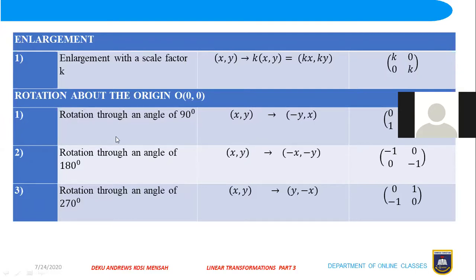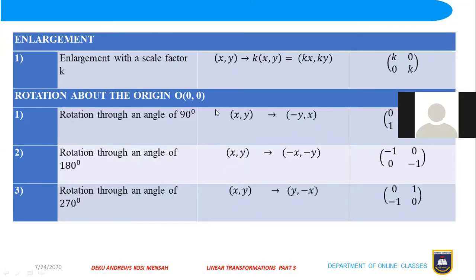We go to rotation. Very interesting aspect of the transformation. Now, rotation through an angle of 90 degrees. You know, if you are sitting in a chair, you can turn yourself left and right, back and forth in that order. And we can rotate through a certain angle.